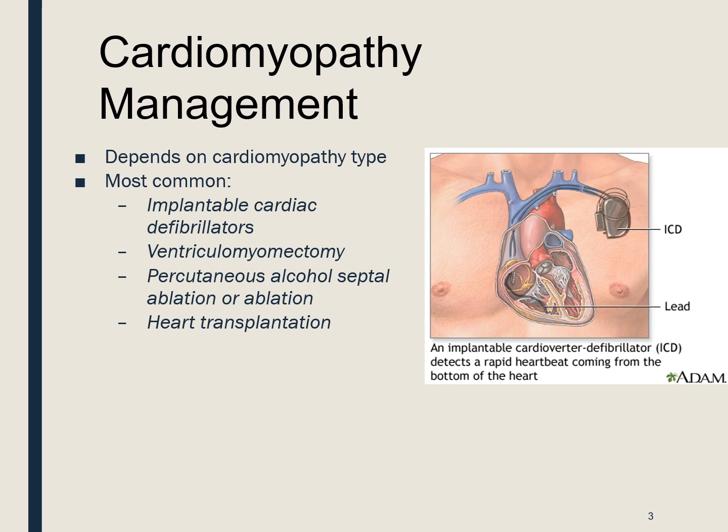Now, our medication management for our patients with all types of cardiomyopathy is going to include a few things. I am going to note some exceptions, but let me note the exceptions first.